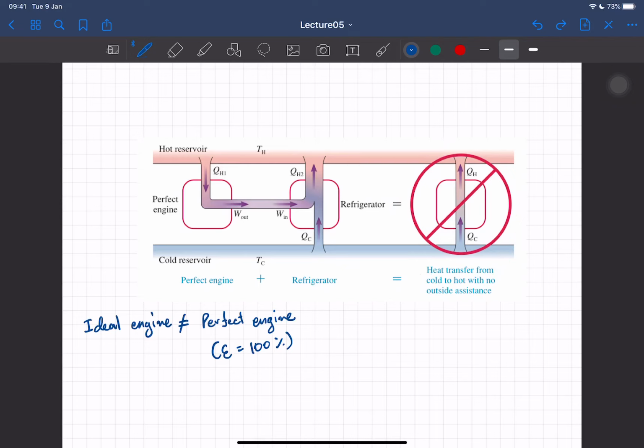So let's say this whole thing is an isolated system, right? All the work done is within the system, and that work is being fed into the refrigerator, which is also in the system, right? So if you allow this to happen, you're going to have in the end the effect of heat flow from cold to the hot side.